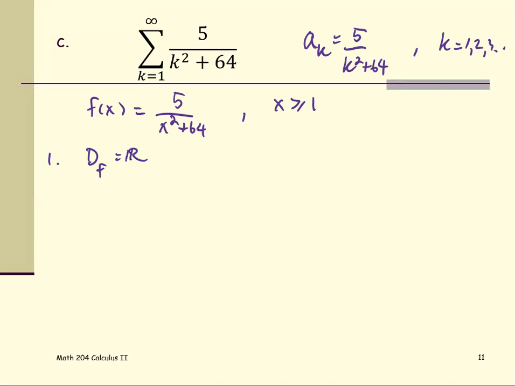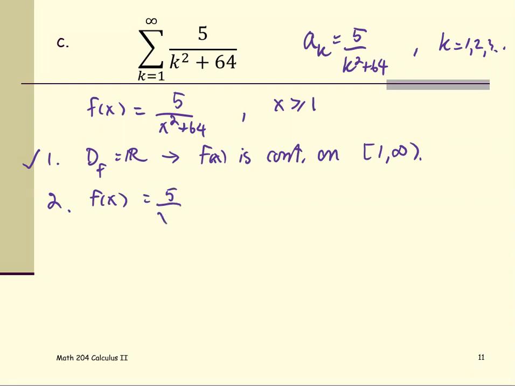The denominator is always positive. Therefore, f(x) is continuous on the interval 1 to infinity. Number 2, is this function positive for all x greater than or equal to 1? The answer is yes, because for positive x, the value of f(x) is always positive.